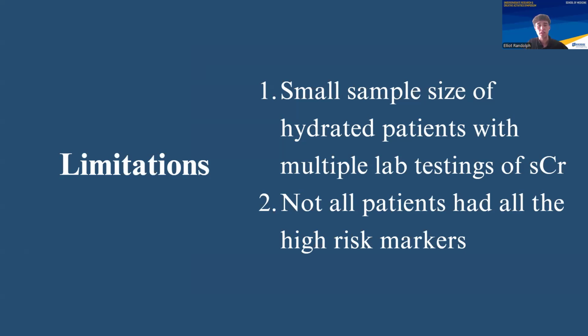And another limitation was that not all the patients had the high risk markers. Some had chronic kidney disease, whereas some had acute coronary syndrome, and each of those plays a different role in affecting contrast. And so what that can do is cause confounding variables in how much the saline plays a sole role on the patients.